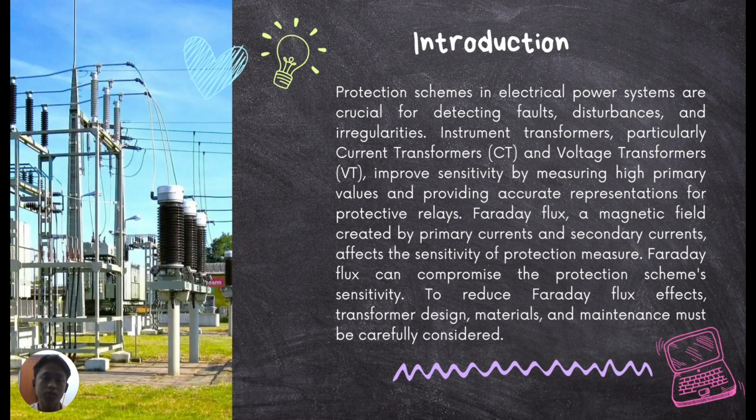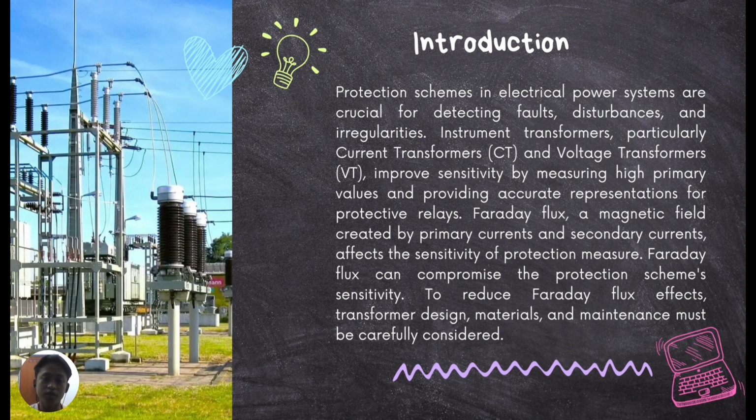Protection schemes in electrical power systems are crucial for detecting faults, disturbances, and irregularities. Instrument transformers divide into two, which are current transformers and voltage transformers. These two transformers improve sensitivity by measuring high primary values and providing an accurate representation for the protective relay.